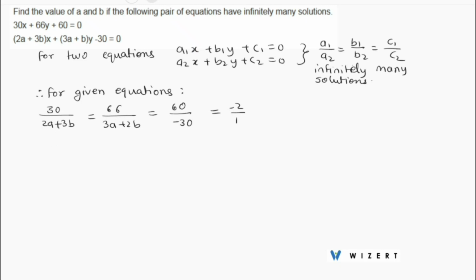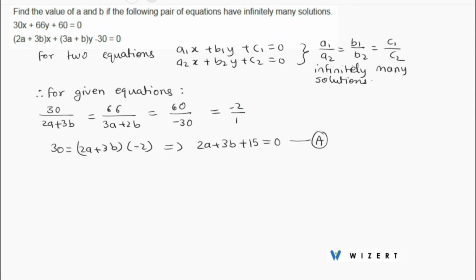So we get 30 equal to 2a plus 3b multiplied by minus 2, which gives us minus 2 can go over to left side and divide 30. So we get 2a plus 3b equal to minus 15, and if we take this minus 15 over to left hand side, we get 2a plus 3b plus 15 equal to 0.